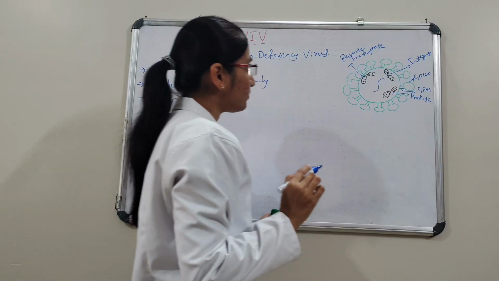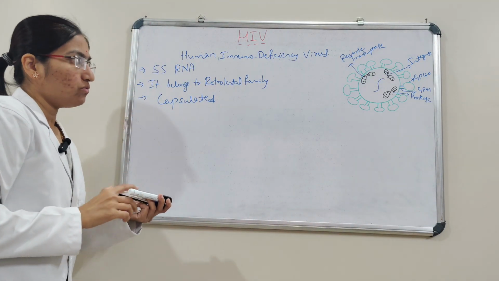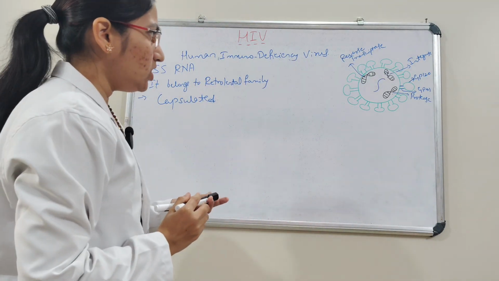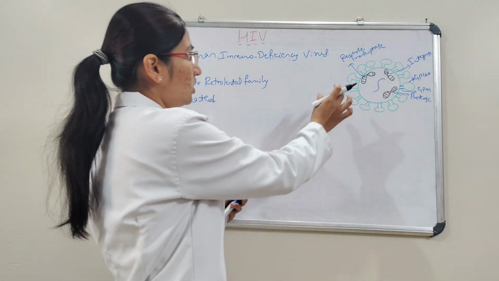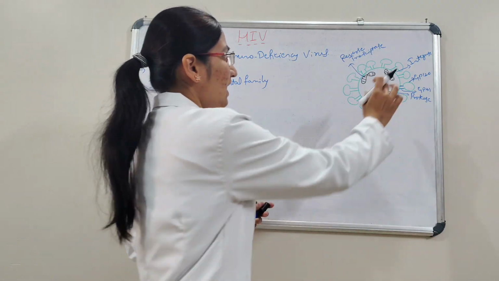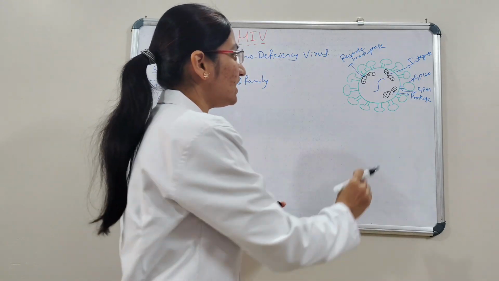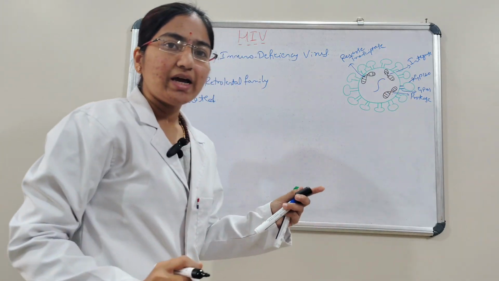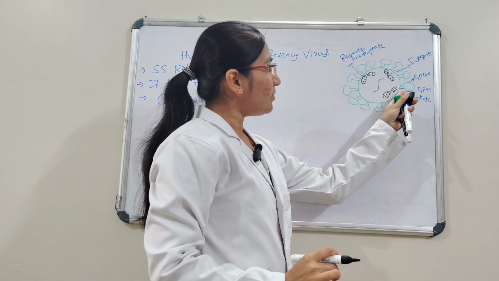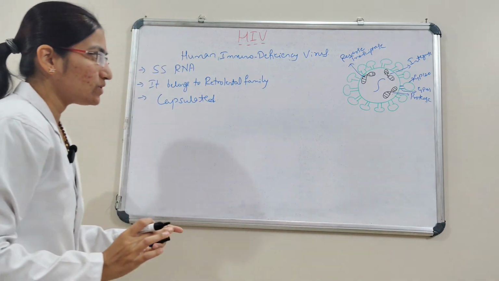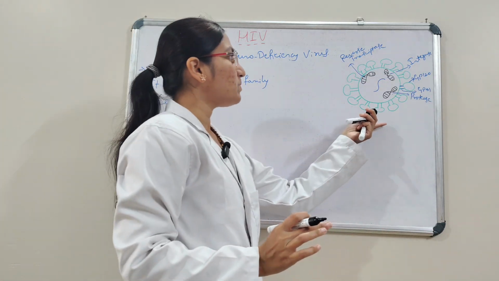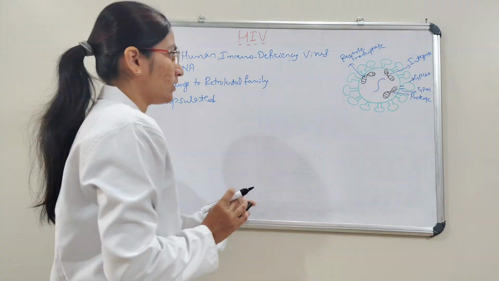This is the structure of the HIV virus. This one is reverse transcriptase, this is integrase, this is protease, this is GP41, this is GP120. Remember, that is a diagrammatic representation of the HIV virus.